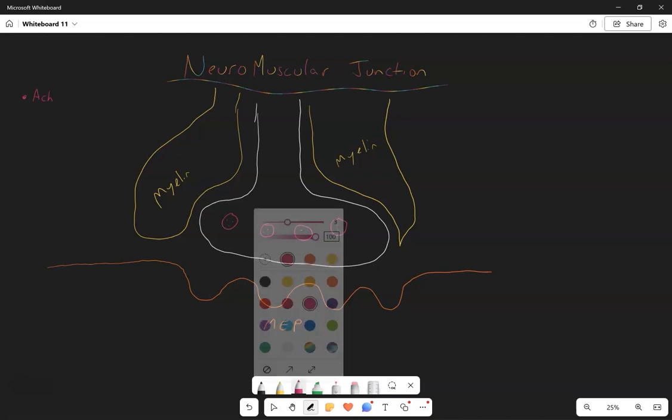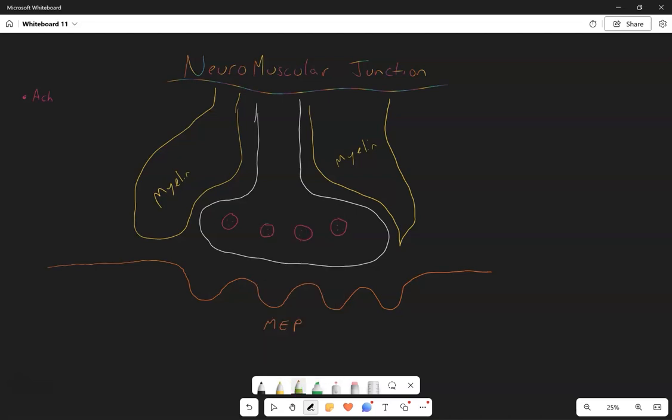The other thing that we have to put on our cell is our voltage gated calcium channels. So I'll label that up here. This is our voltage gated calcium channel.